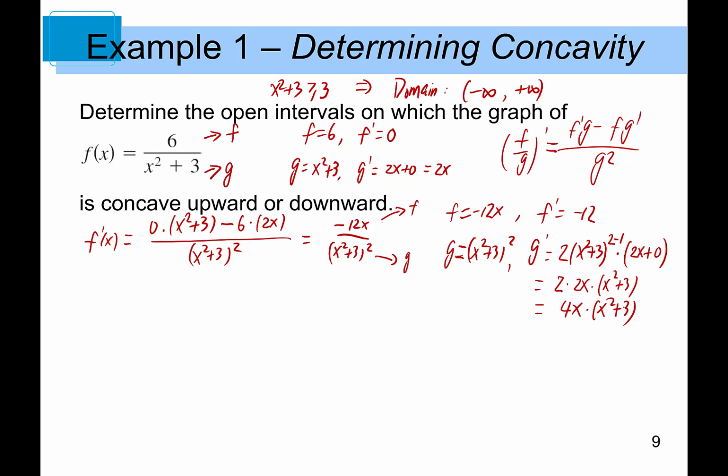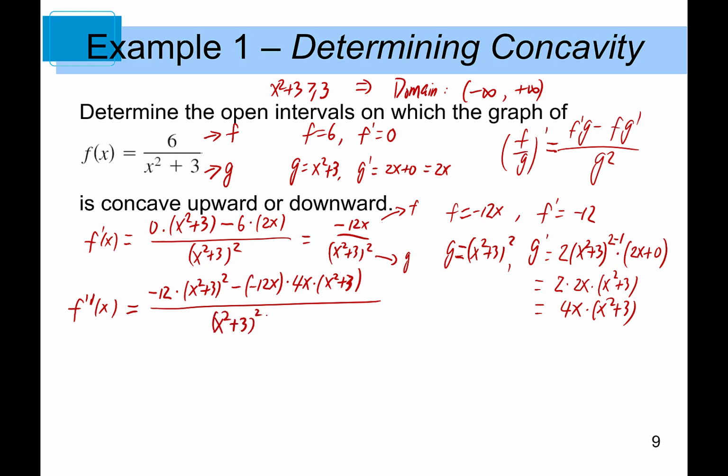Alright, so now we're going to apply the quotient rule one more time. F double prime of x equals f prime, which is negative 12, times g, x squared plus 3 squared, minus f, which is negative 12x, times g prime. G prime is 4x times x squared plus 3, over g squared, which is x squared plus 3 squared.